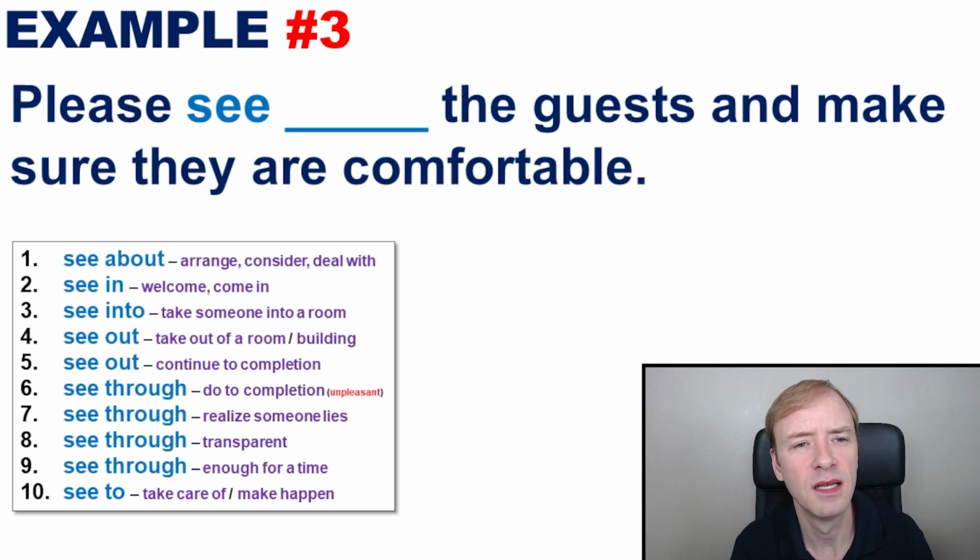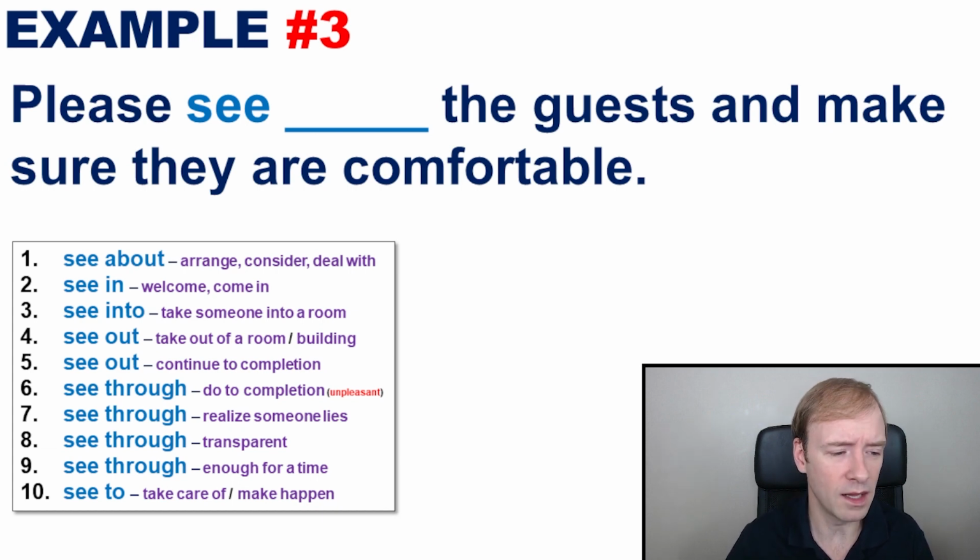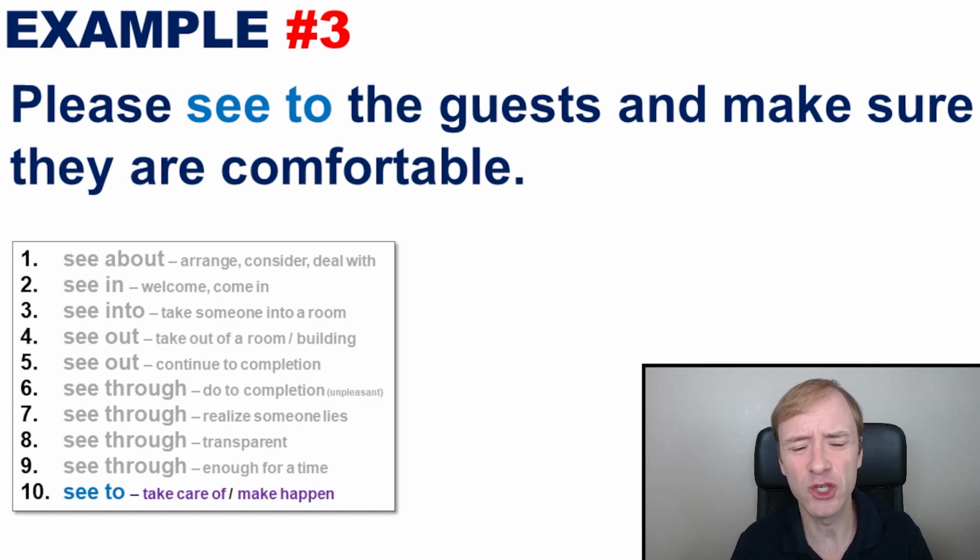3. Please see the guests and make sure they are comfortable. Which number is that going to be? Please see something, the guests, and make sure they are comfortable. Well, again, this is going to be see to. And I know it's the same as number 2.